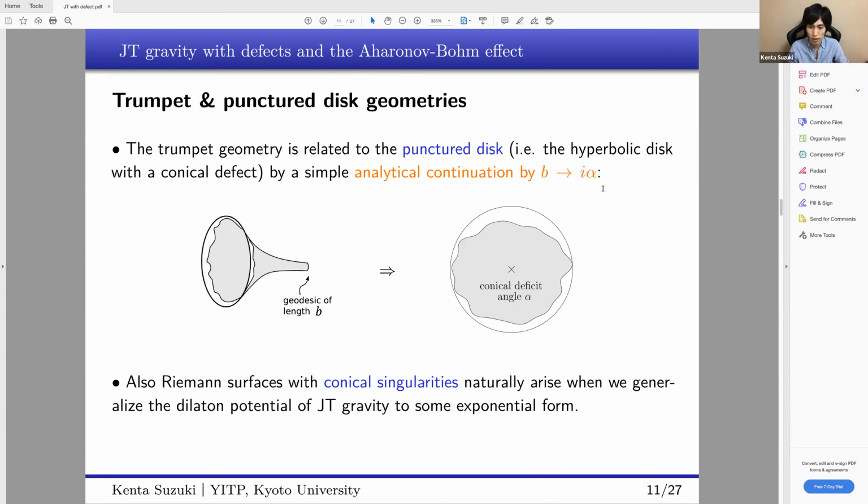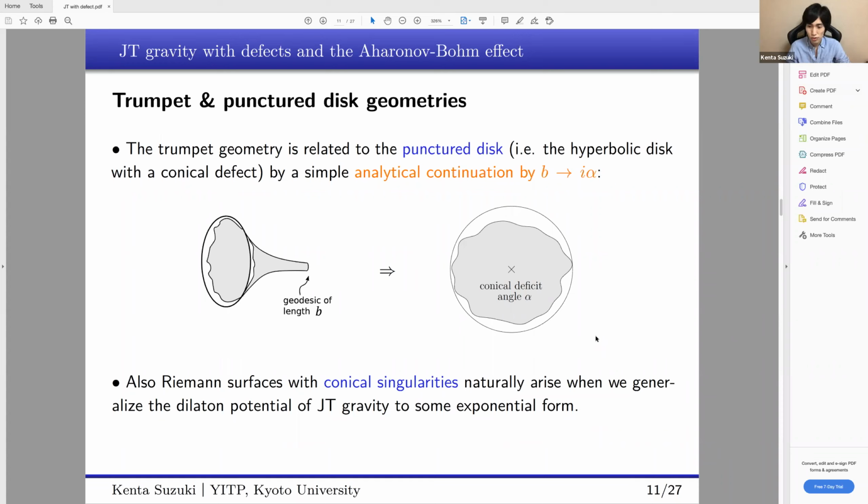And this alpha is the conical defect angle of this punctured disk. Also, Riemann surfaces with conical singularities naturally appear when we generalize the dilaton potential of JT gravity to some exponential form.